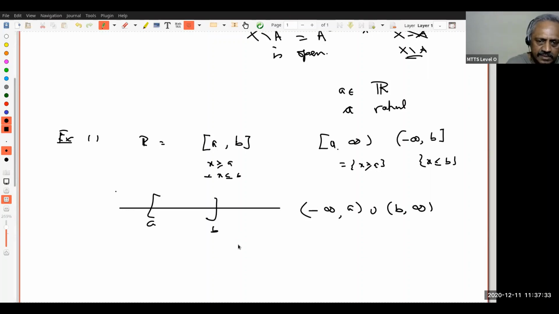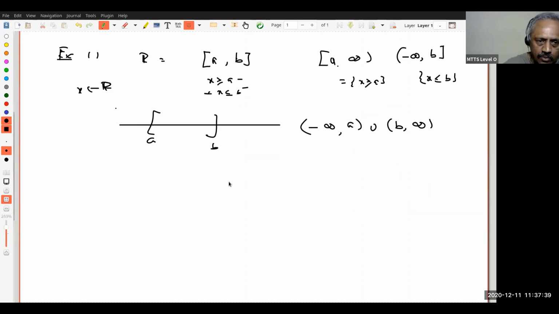Do you understand this? When does x belong to [a, b]? If and only if it satisfies two conditions. When is x not in [a, b]? I'm just teaching a little bit of logic so that you also get to know how to work with this. If x has to be in the interval [a, b], it has to satisfy two conditions.